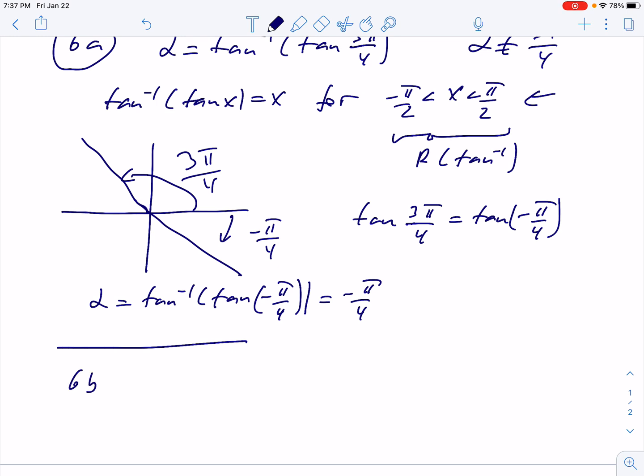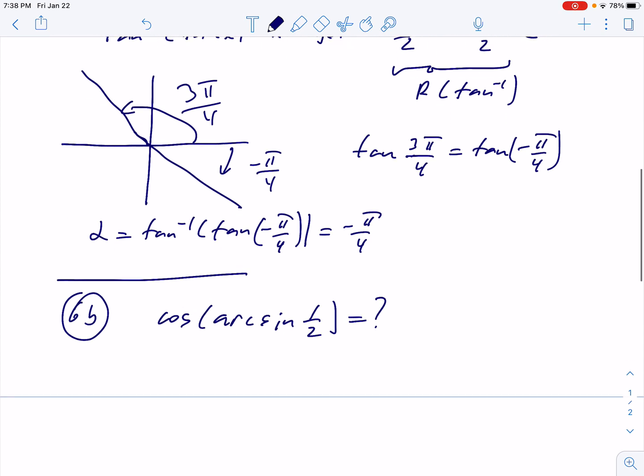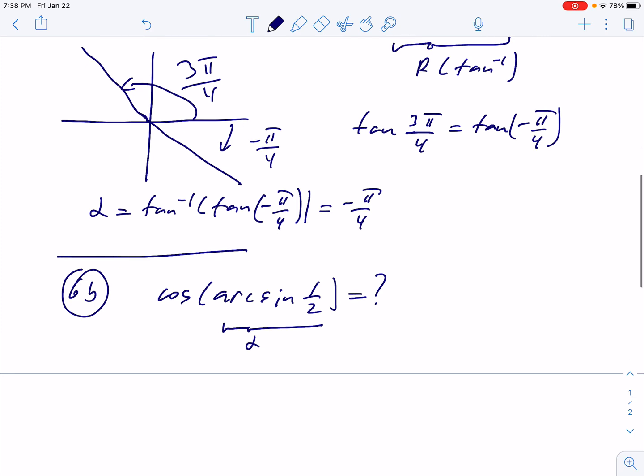6b. Let's do this example. We have to find exact value for cosine arc sine 1/2. How to reason here? Well, this arc sine I shall call alpha again for convenience. And we have that sine alpha is 1/2.